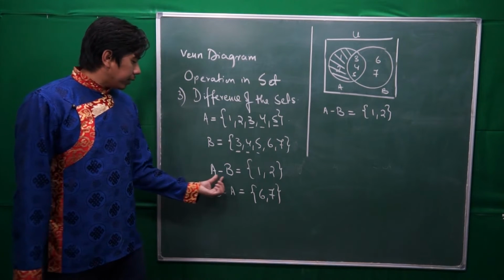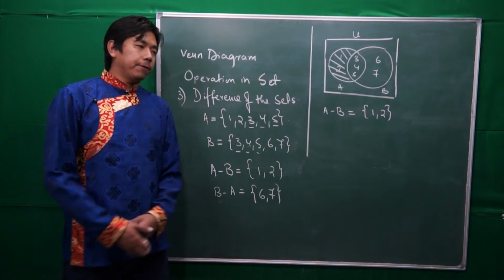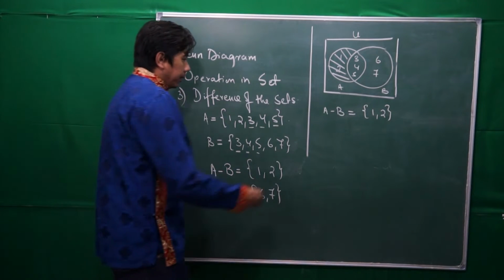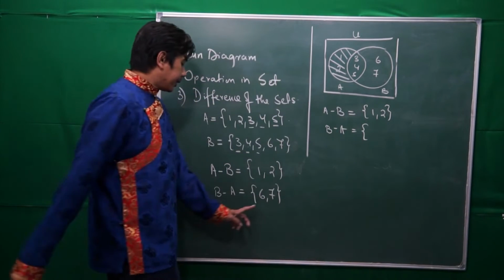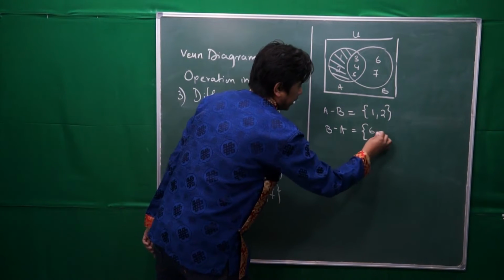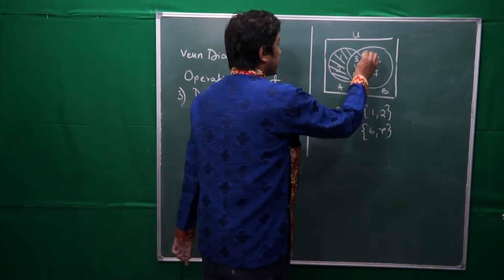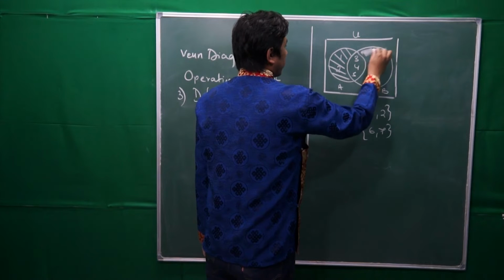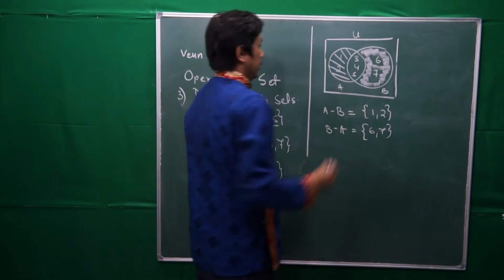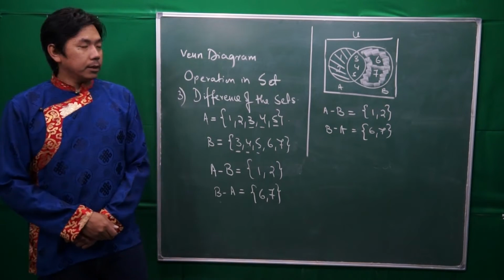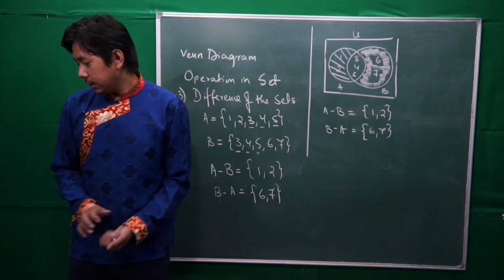The exclusive part only. Exclusive to the first set. Okay. So B minus A is equal to which one? The set 6, 7. Okay. Now represent it in the diagram, which is this portion. Simple. Alright. So this is the difference of the sets.